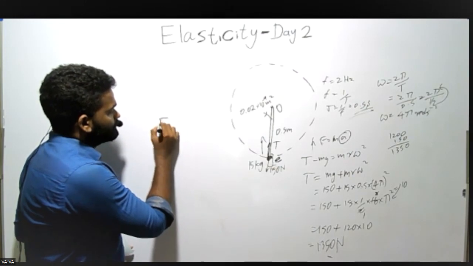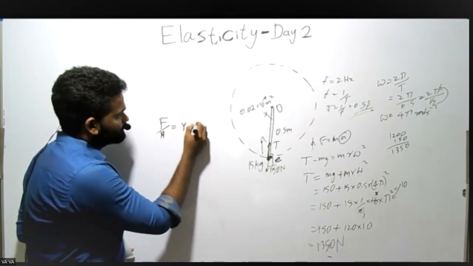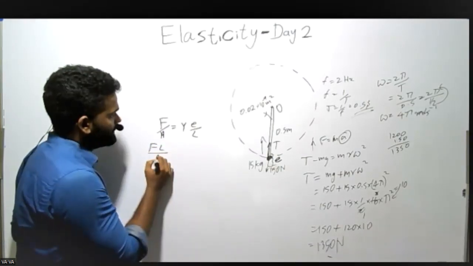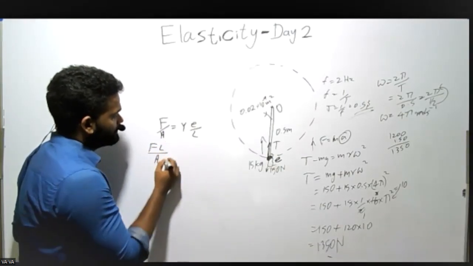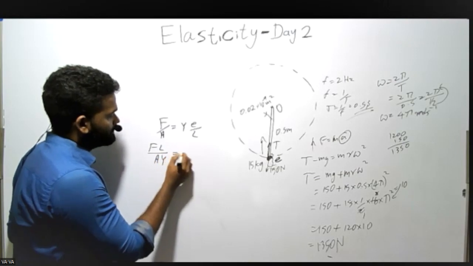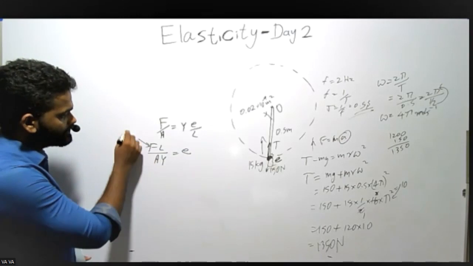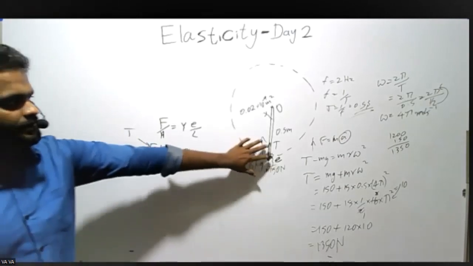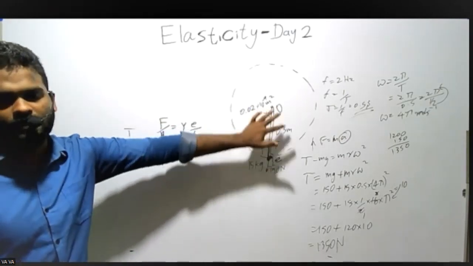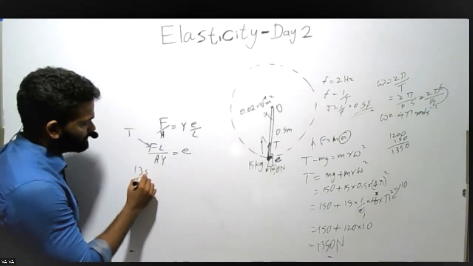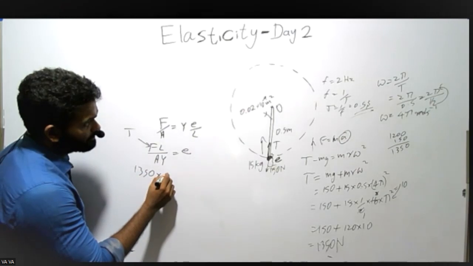So what can we do? F L over A divided by Y is equal to e. This F is tension. That is the force inside this rod, right? 1350, length is 0.5.